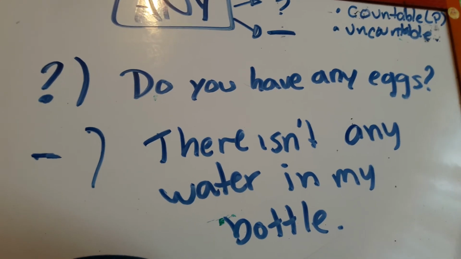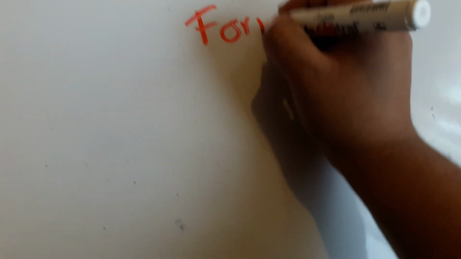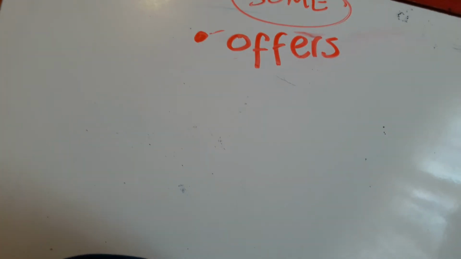I think that's all. Okay, as I told you, with some another use of some, that is, this is an informal requests. Okay, it's kind of formal request. We're going to use it in offers. Okay, and request, as I told you.